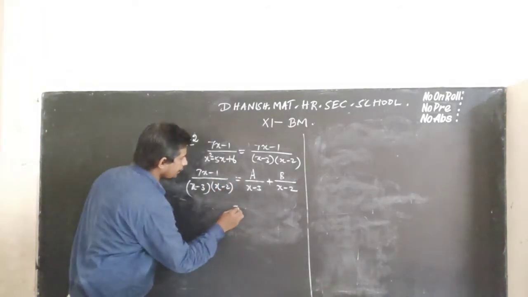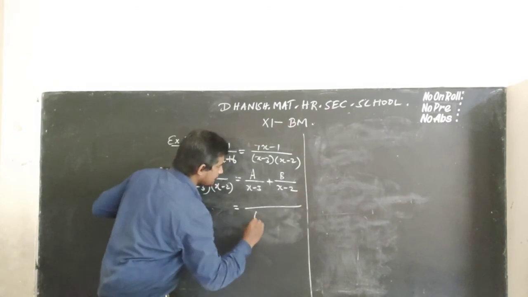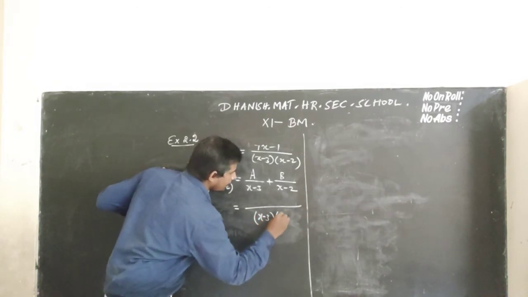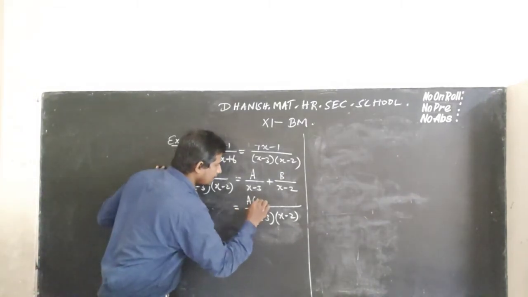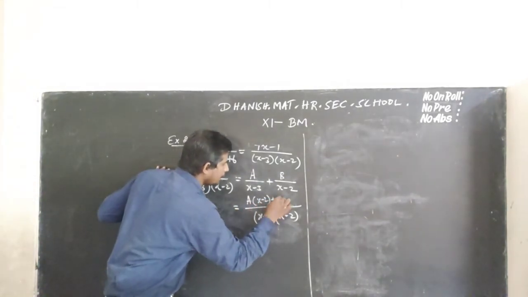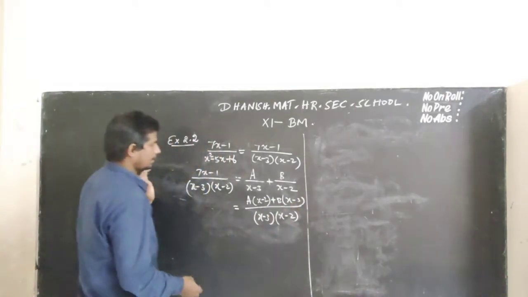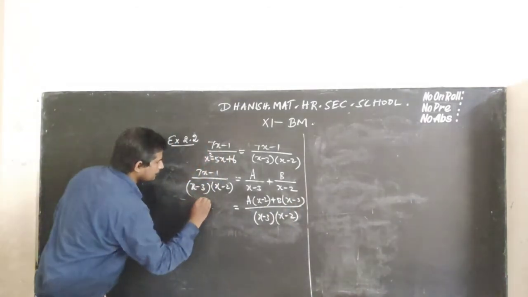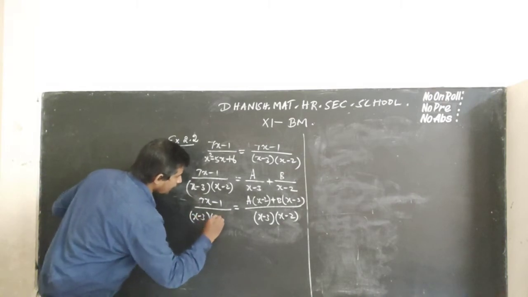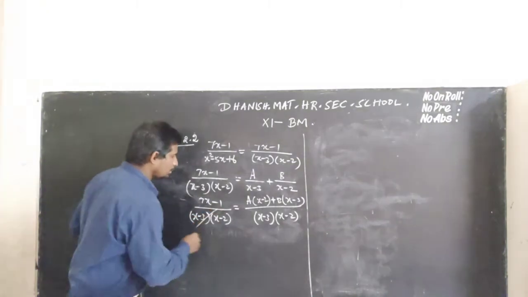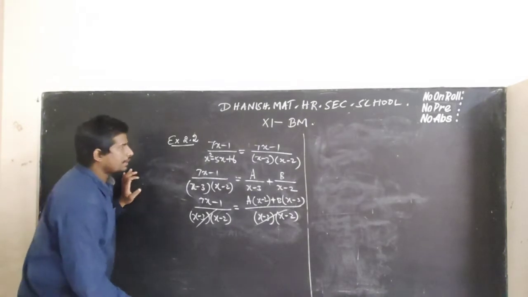Now here I am going to take the LCM as x minus 3 into x minus 2. Now we can go for the cross multiply. So A into x minus 2 plus B into x minus 3 equals 7x minus 1 divided by x minus 3 into x minus 2. So these two denominators will get cancelled. What's the remaining?